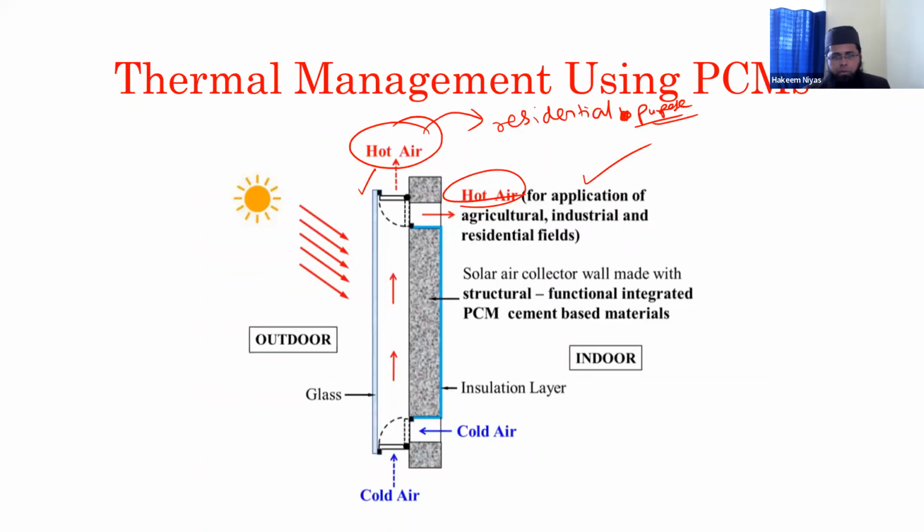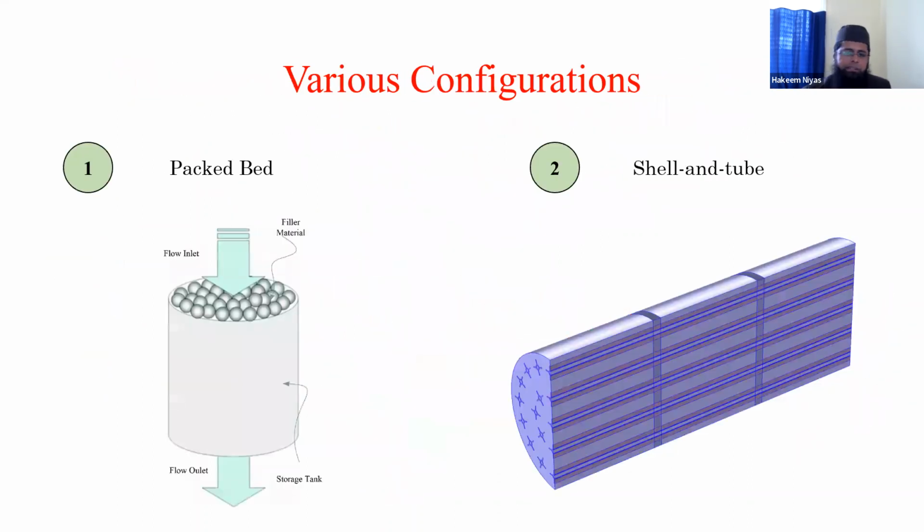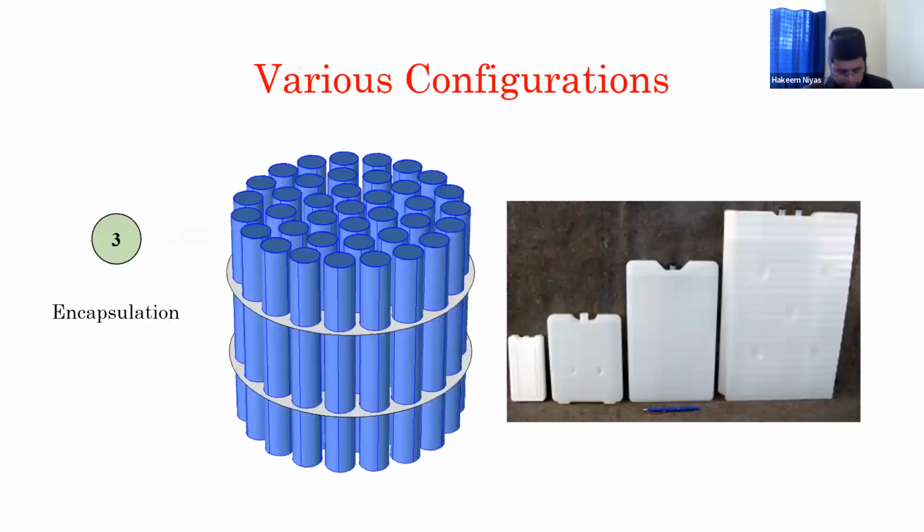Okay. So the PCMs can be used in multiple configurations. One such thing I have shown you is the capsule. This is how the capsule looks. PCM can be impregnated in the concrete in two ways, that is microcapsules and macrocapsules.